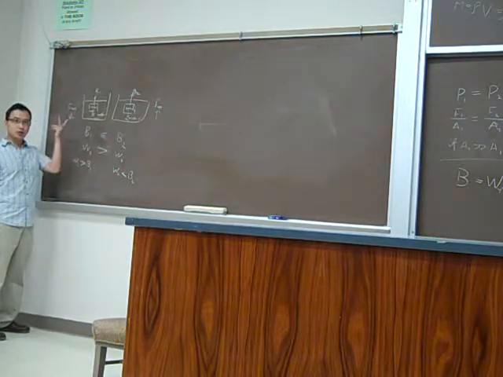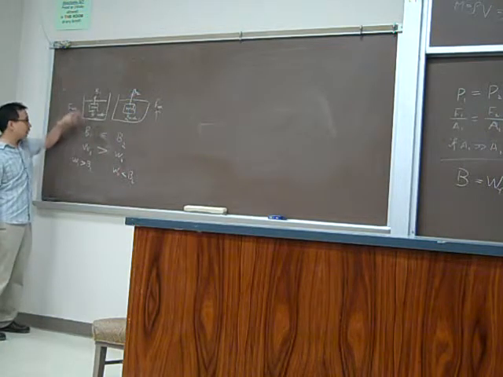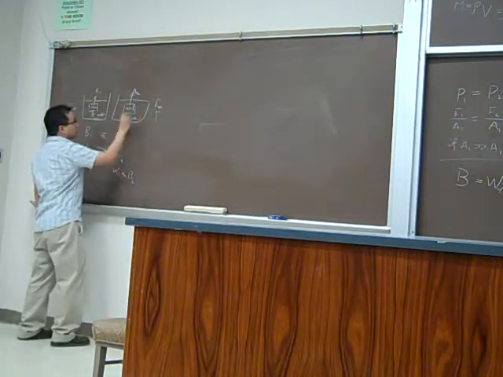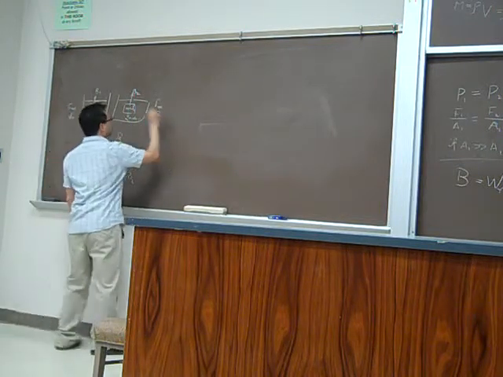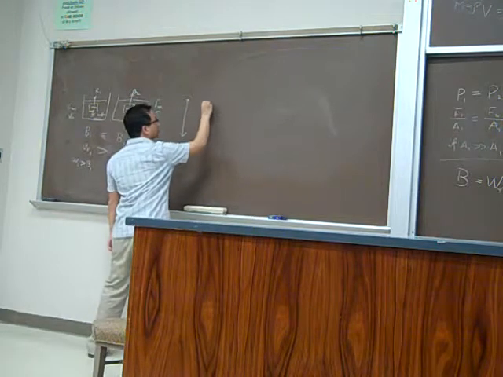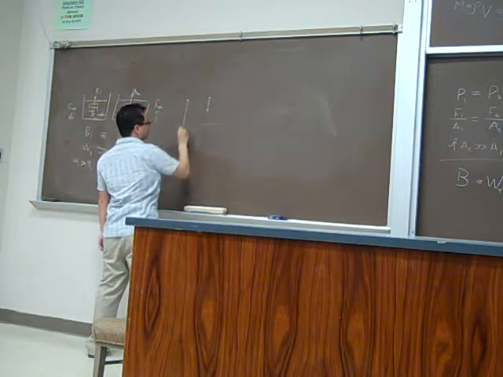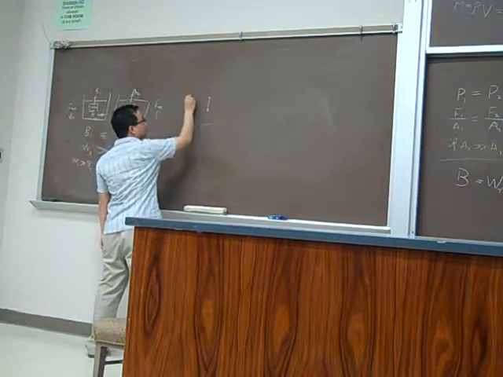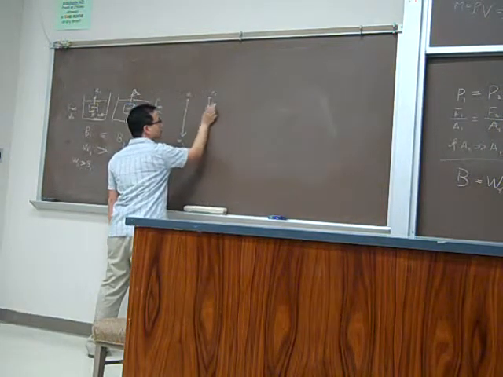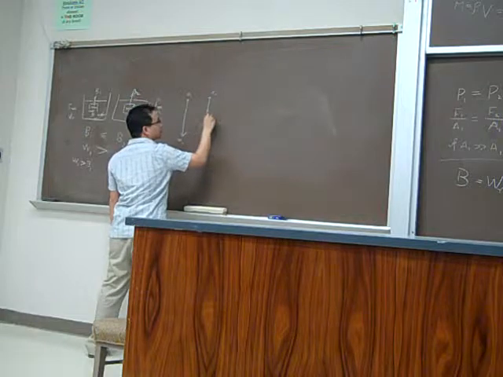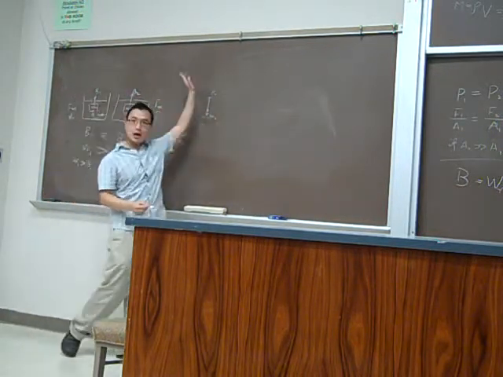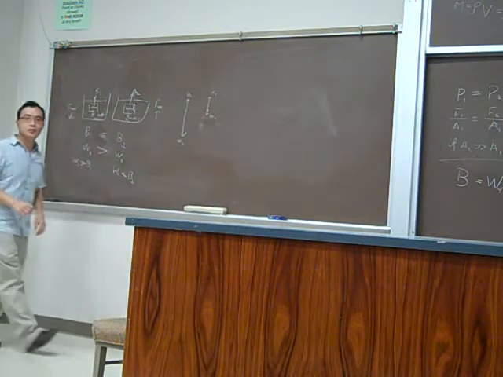For both objects, the buoyant force will be the same, but this one has a larger weight, this has a smaller weight. So the net force is downward for the iron, and upward for the block.